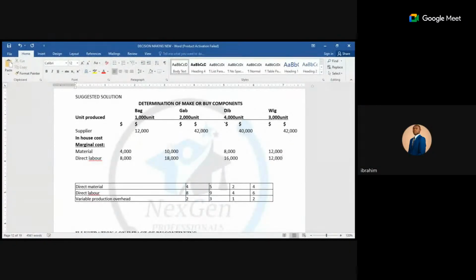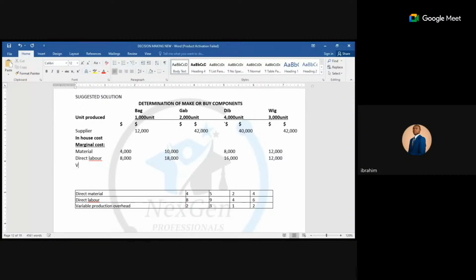So I have variable overhead. So for the direct labor, the last one is 18,000. The per unit is 6. Sorry, 6 times 3, 18. Okay, thank you. So next, variable production overhead. 2,000 naira.